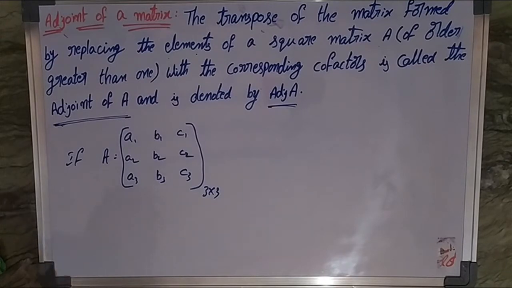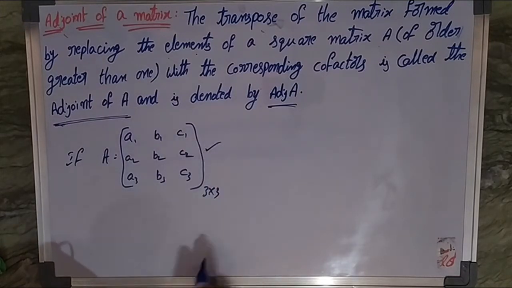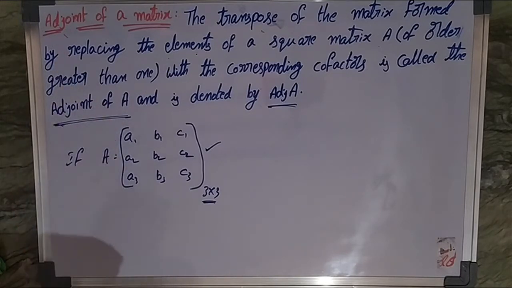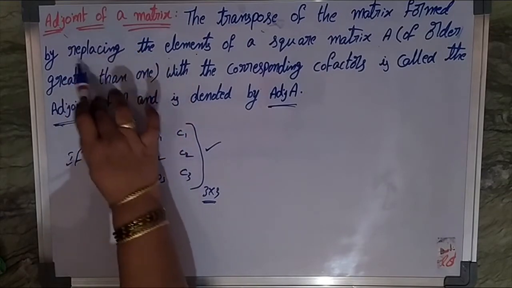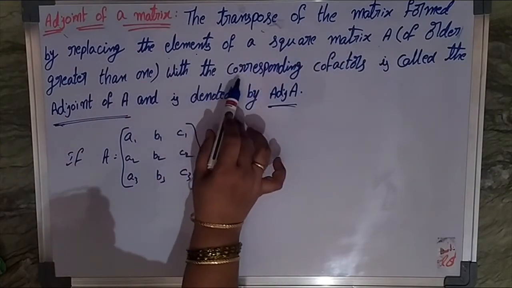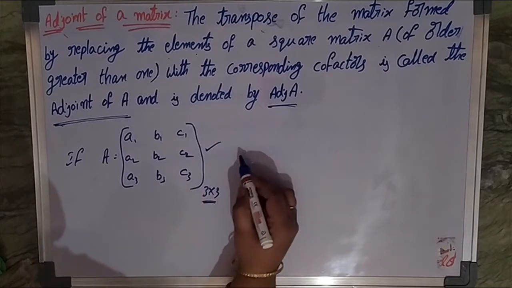First, the matrix must be a square matrix, and the adjoint of A is the transpose of the matrix formed by replacing the elements of the square matrix A with the corresponding cofactors.